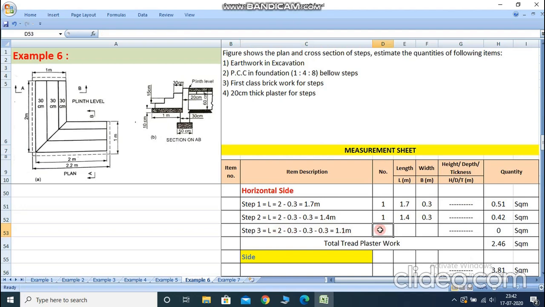Here there is only a single step, so we write 1, length is 1.1 meter, and the width given in the figure is 0.3. So the total quantity is 0.33 meter square.